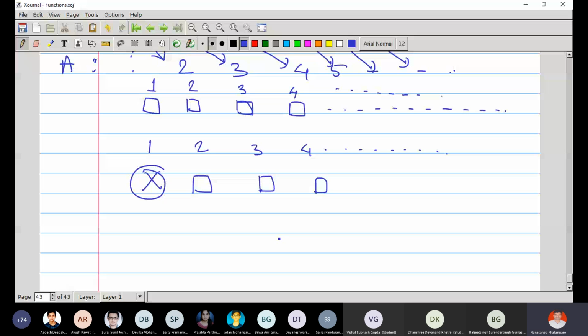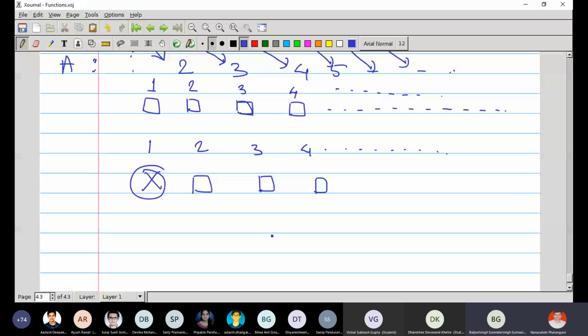Okay, how to solve the problem now? Because every person, every delegate should get a chair, but the first chair is missing. What to do then? Shifting by one.